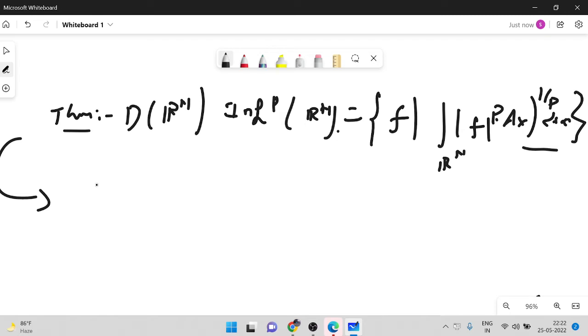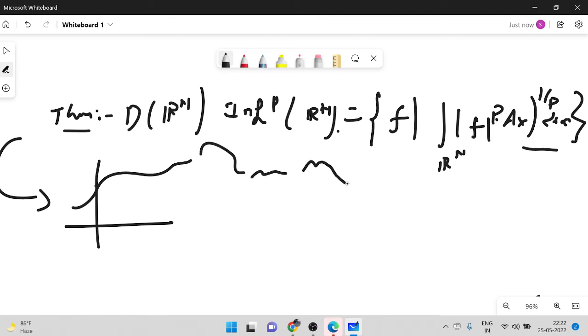What this says is that any integrable function, although very rough, can be approximated by a smooth, infinitely differentiable function as arbitrarily close as you want in the Lp norm.